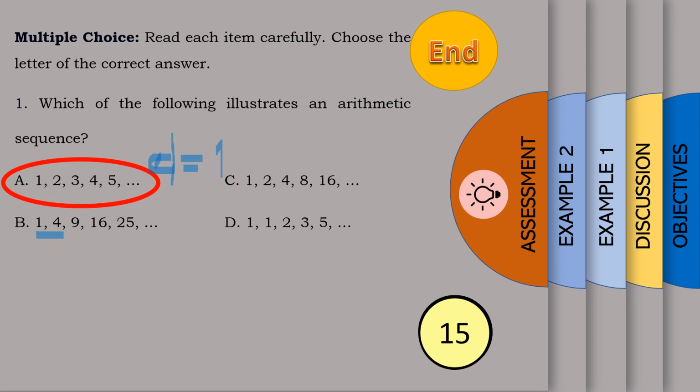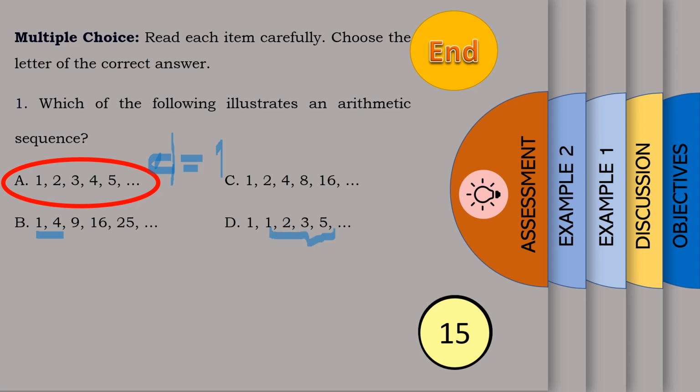Same with letter C. From 1 to 2, nag-add ka dyan ng 1 para maging 2. So, 2 plus 1, dapat yun ay 3. Pero dito ay naging 4. So, hindi nasunod yung pattern na plus 1. Okay? Ito naman, tingnan natin, 1 plus 0 is 1, tapos naging 2, 3, 5. Dito plus 1, pero dito hindi.